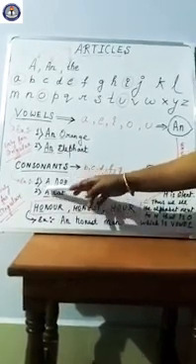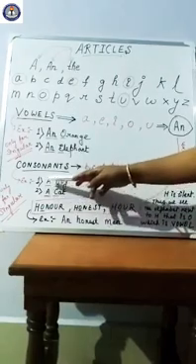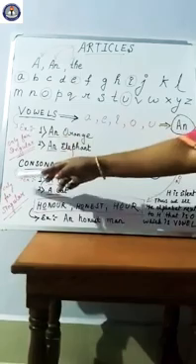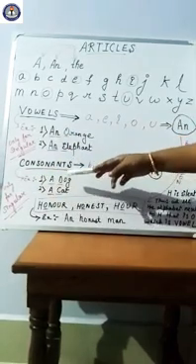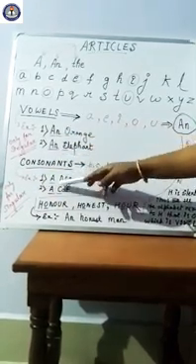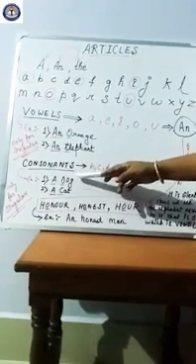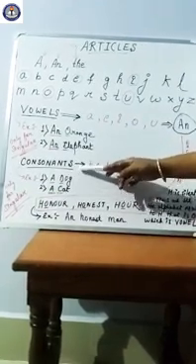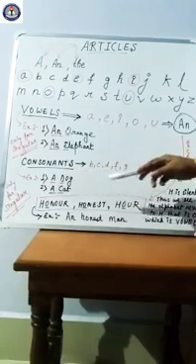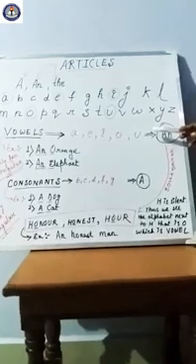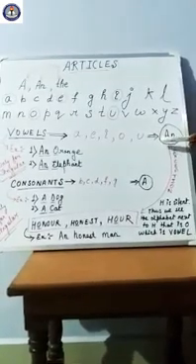And here also A is used only for singular. So, A and An are used only in singular. It is clear? Okay.